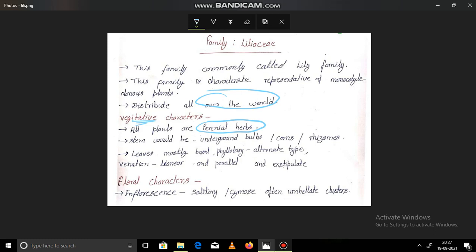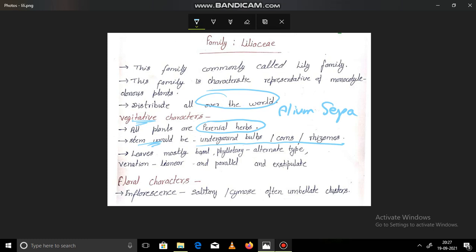Point number 2, the stem would be underground bulbs or corms or rhizomes. As I showed you in the first diagram, the onion. The scientific name for onion is Allium cepa. The onion has a modified stem.